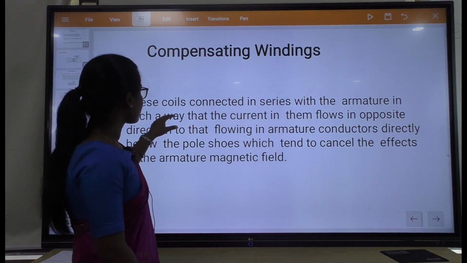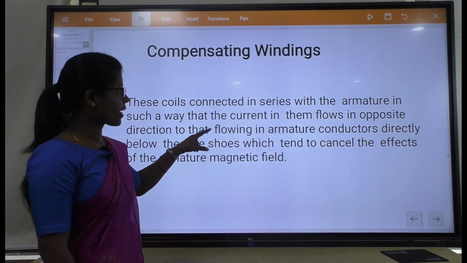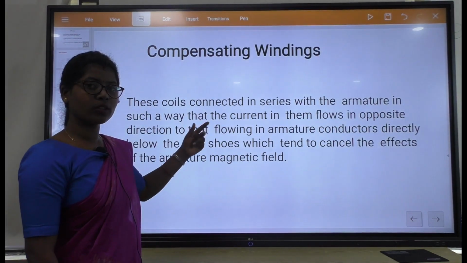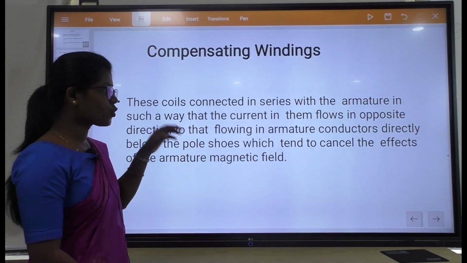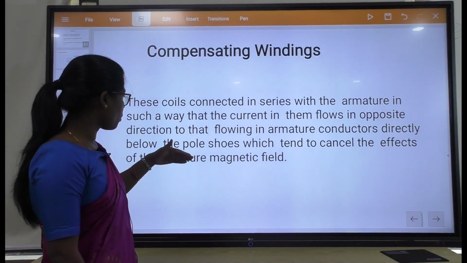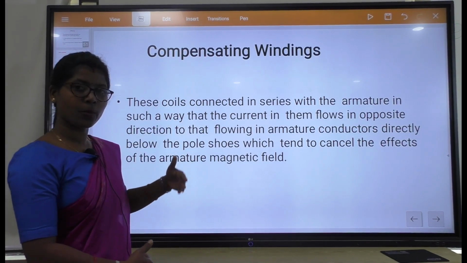The direction of the conductors just below the pole shoes and the direction of our armature winding are just opposite.